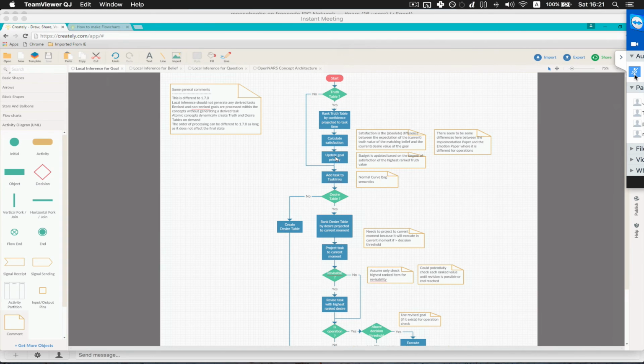Whilst it will set priority, so for example, if it finds a belief that very highly satisfies the task, it will update the priority to be very low, but it hasn't actually executed that goal necessarily.